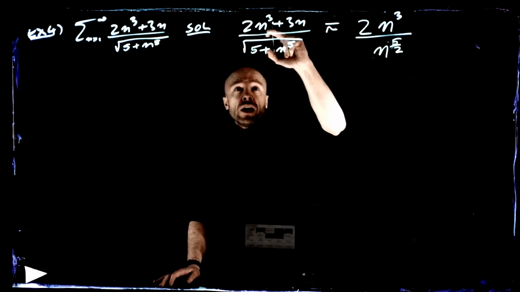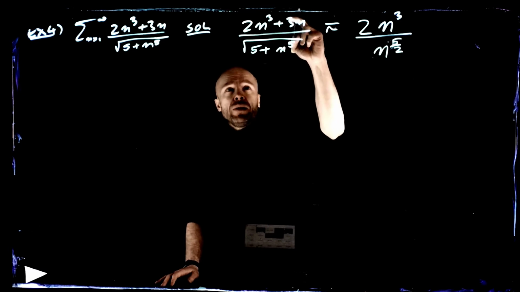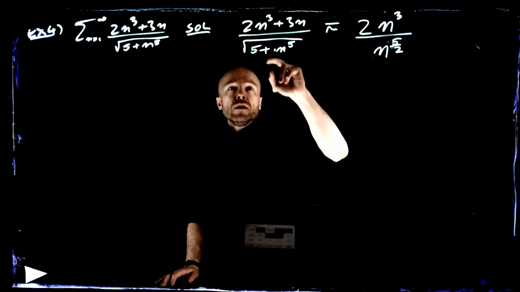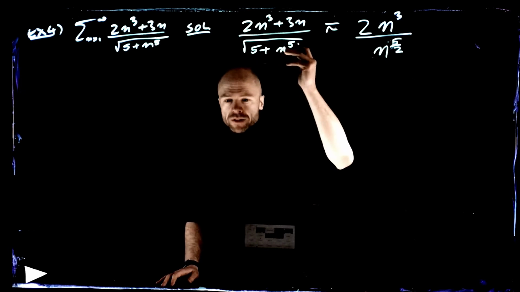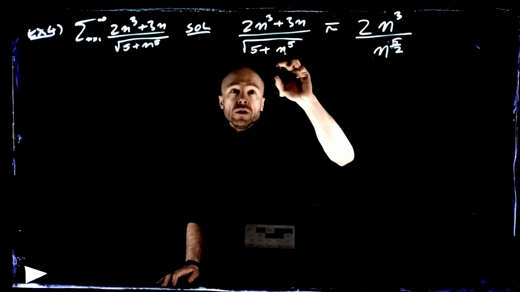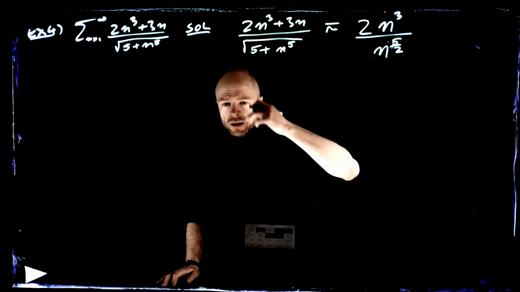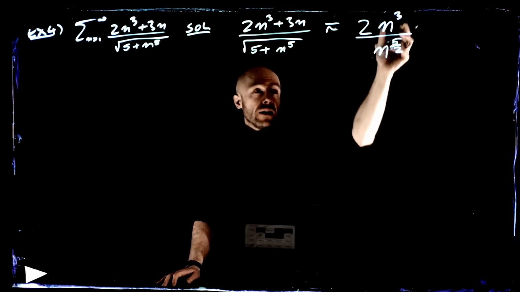Because for very large n, n to the 3 is way bigger than n itself. So this is the dominant term on the top, right? And again, for very large n, this 5 is incredibly insignificant. So we can forget about it. So just by looking at the main things on the top and the bottom, we have something like this.